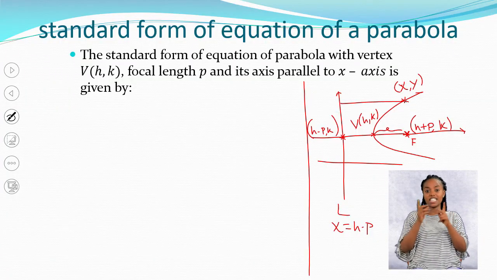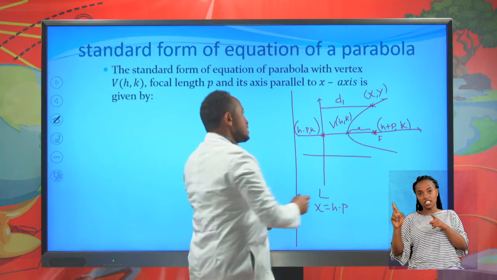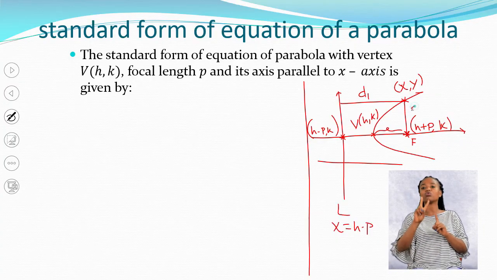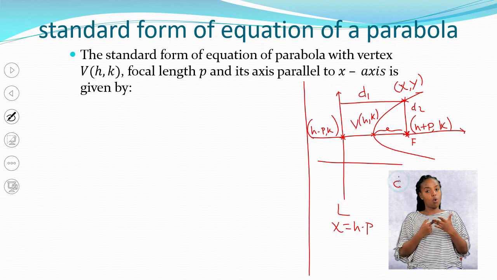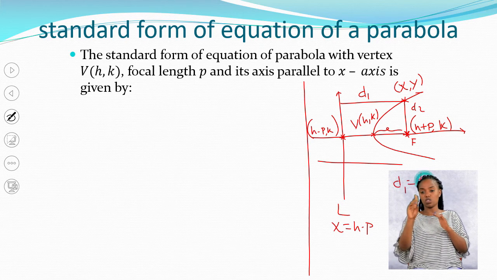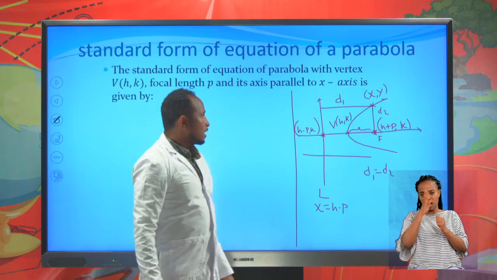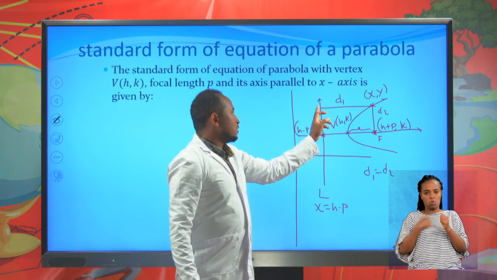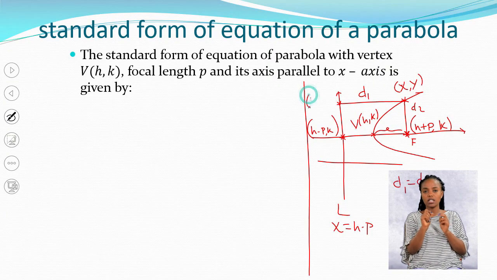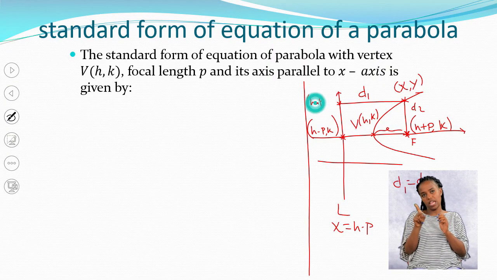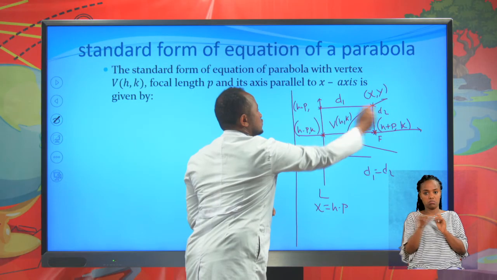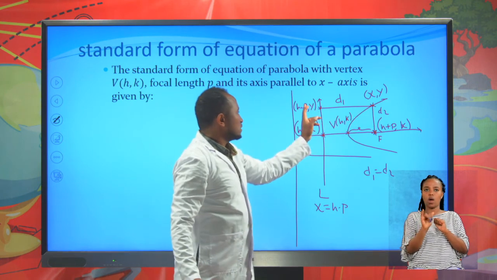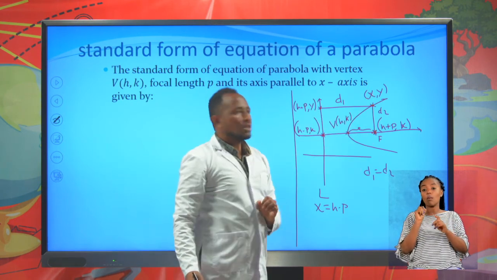The distance from the point to the directrix, D1, is the same as the distance from the point to the focus, D2. Applying D1 equals D2, you can derive the equation of this parabola. The point on the directrix has coordinates (h minus p, y), the same y since this is a horizontal line. The distance from this point to the point on the parabola is the same as the distance from the point to the focus.